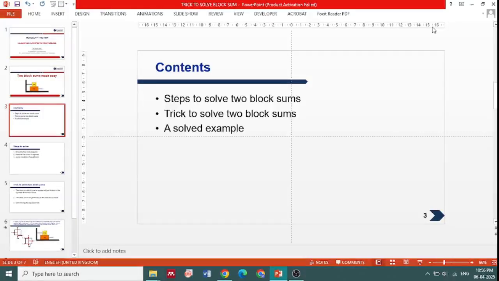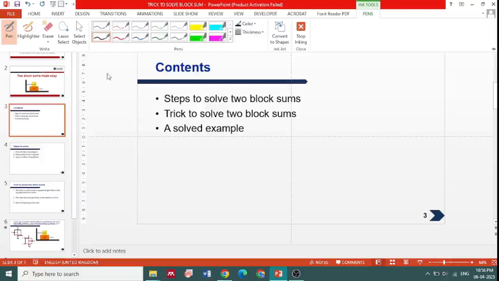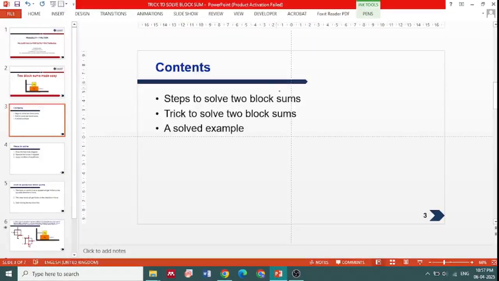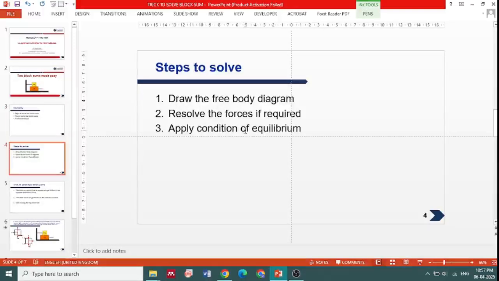Then we will see the tricks to solve two block sums, and then we'll solve an example, and we'll learn how we can easily solve a two block sum. So we'll move ahead with the steps to solve a two block sum in friction.